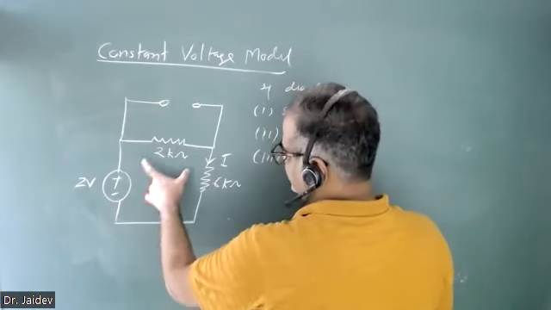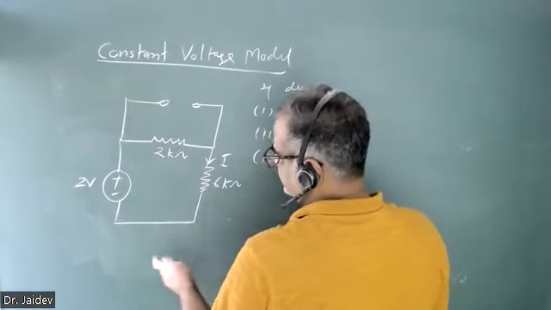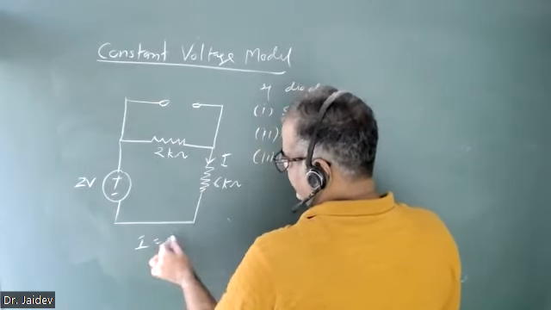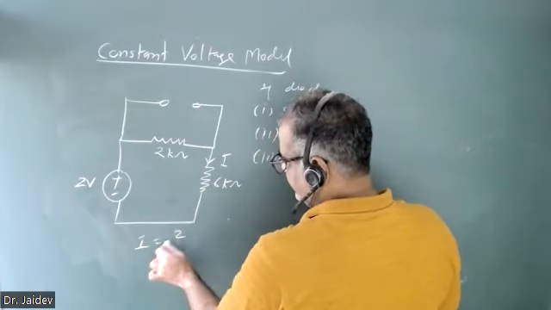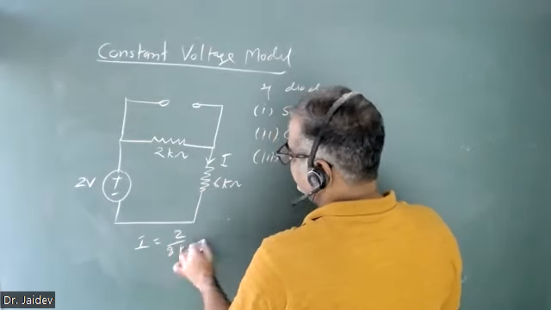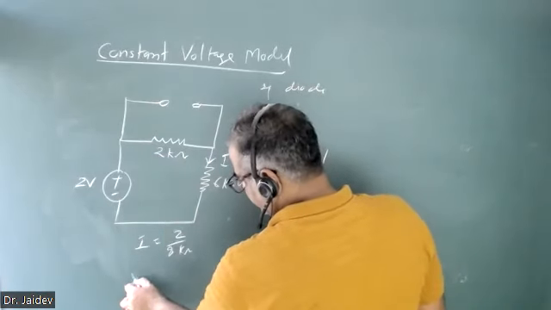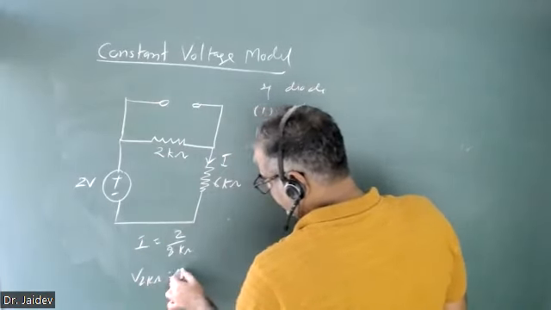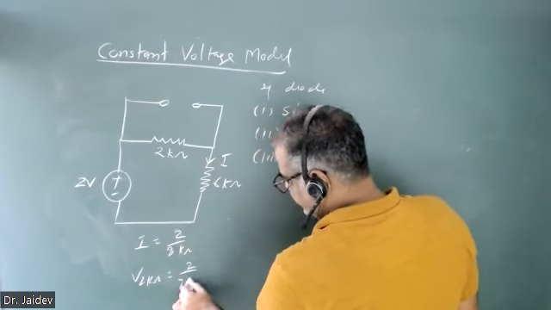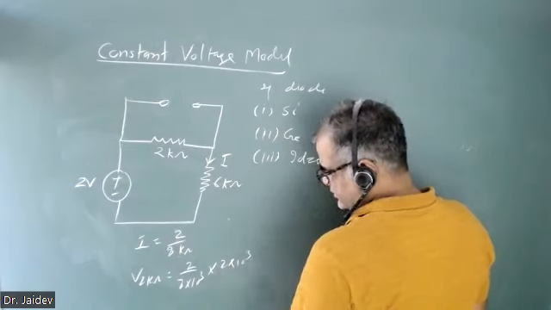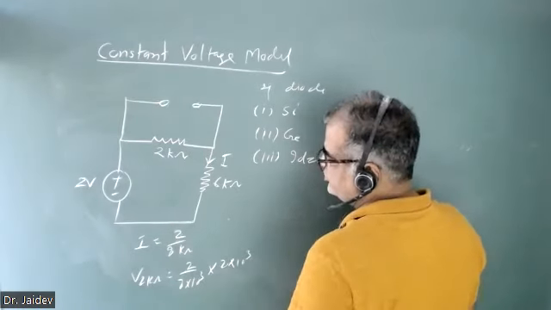If you see here, 2 and 6, that is 8 kilo ohm, so current I is flowing here. How much? 2 upon 8 kilo ohm. The voltage across this 2 kilo ohm will be 2 upon the total 8 kilo ohm into 2 kilo ohm. That is 4 by 8, 1 by 2, 0.5.